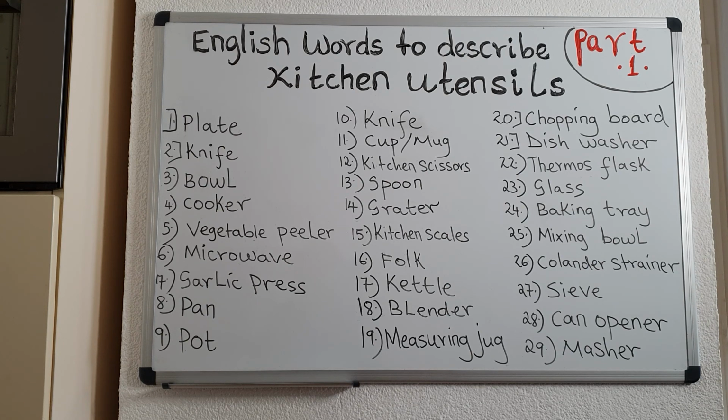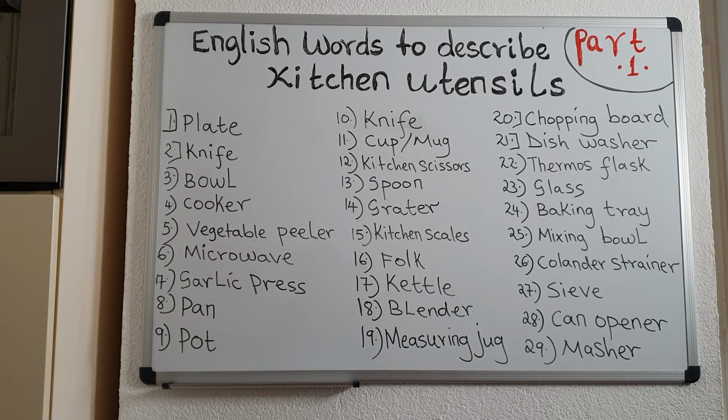The next word is can opener. Can opener. We use a can opener to open cans. Like, for example, you have bought a tin of, for example, tomatoes, okay? Or tomato paste. Or you have bought a tin of pineapples, for example. To open it, instead of using a knife, which can be very dangerous, you use a can opener.